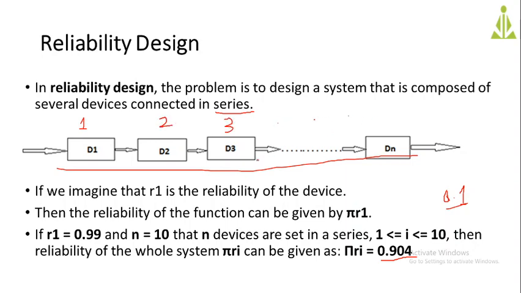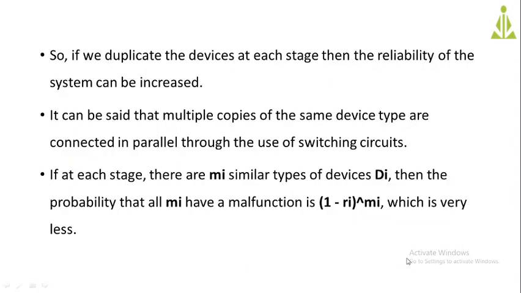What will the probability be if we have 10? The probability is 0.904. So we make a duplicate of the device at each stage, then the reliability of the system can be increased. I will show the diagram for this also.